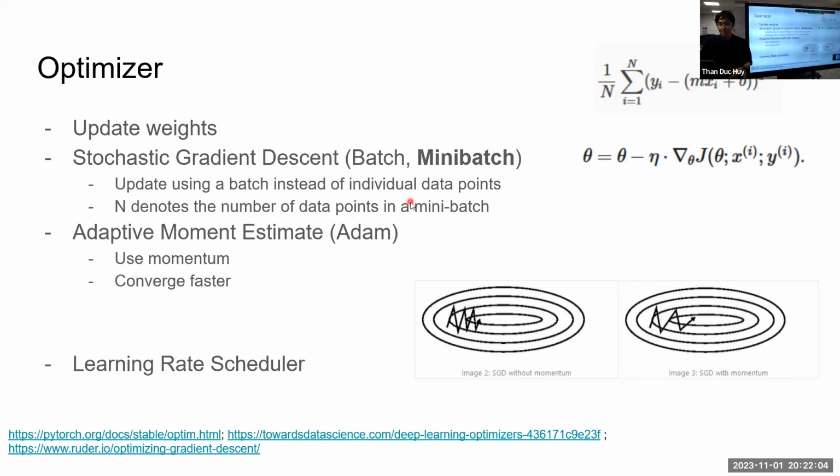But Adam, because it has the momentum component, can converge faster. So it really depends on your needs and your requirements at the moment, right? If you have a lot of time to spend and explore, then you can try stochastic gradient descent to see the very optimum, but it will be very slow. But if you want to push some product very quickly, then probably Adam.